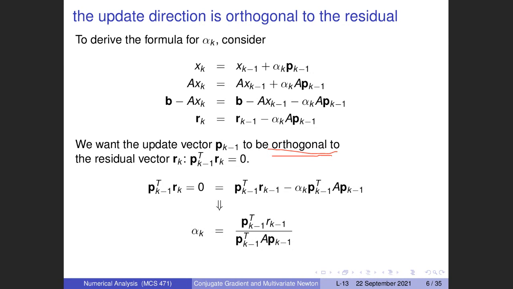So that's an important criterion also that we will use later whenever we get to the least squares. So by this condition, on the fact that the update vector must be perpendicular to the residual vector, we obtain the expression for the alpha.